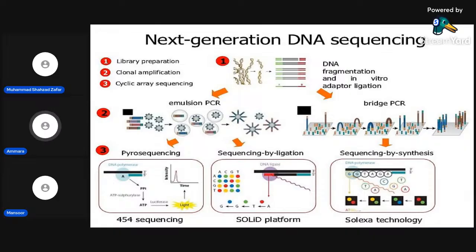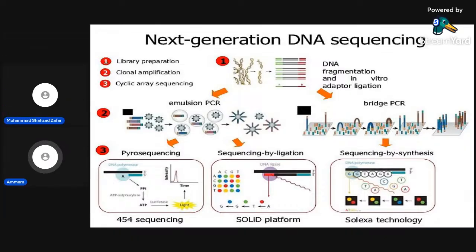So for example, we have four dNTPs: A, T, G, C. You all know very well: adenine, guanine, cytosine, and thymine. So when adenine binds to the complementary sequence, we have attached adenine with blue dye, guanine with red dye, cytosine with yellow. In such a way, we have attached different dyes with different dNTPs.